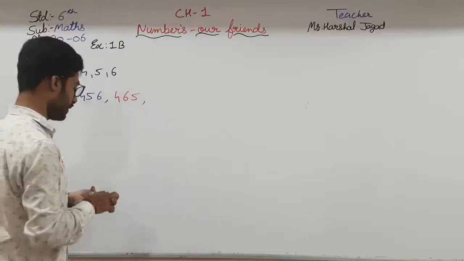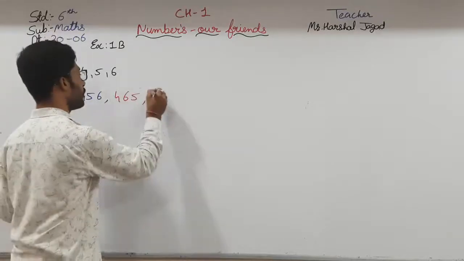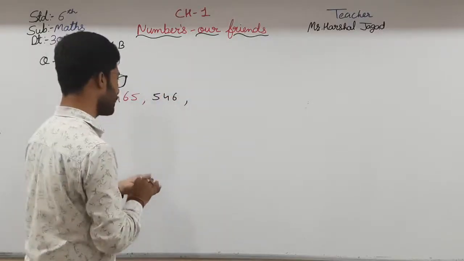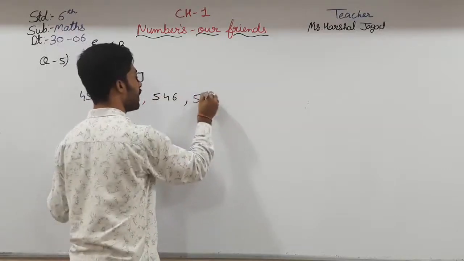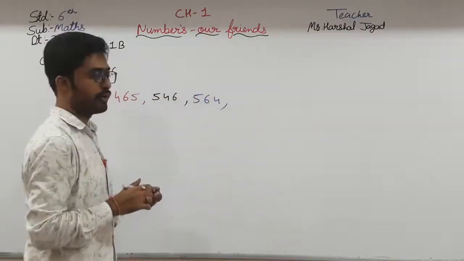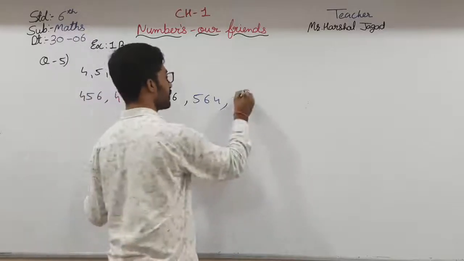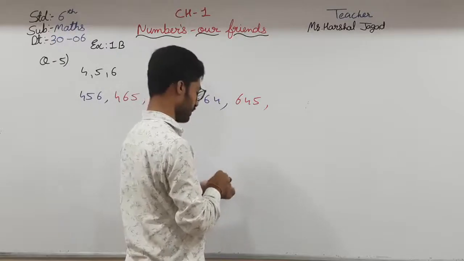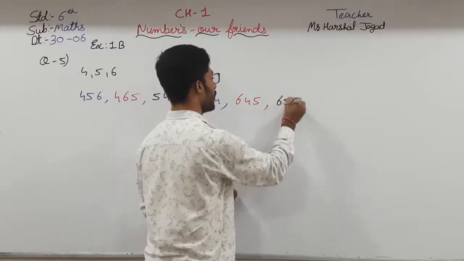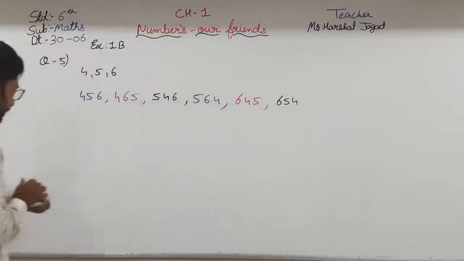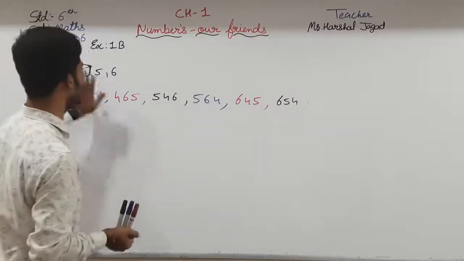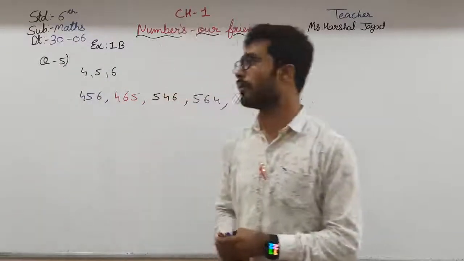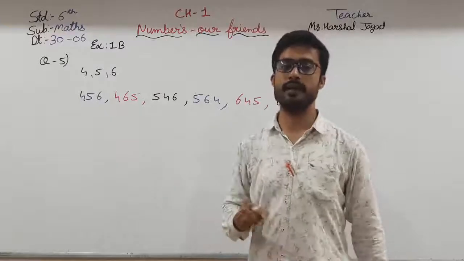Then another, 5, 4, 6. Then another we can form, 5, 6, 4. Then 6, 4, 5, and then 6, 5, 4. So these are the numbers which can be formed using these 3 digits, 4, 5 and 6. Okay students, now we have to put them into descending order.